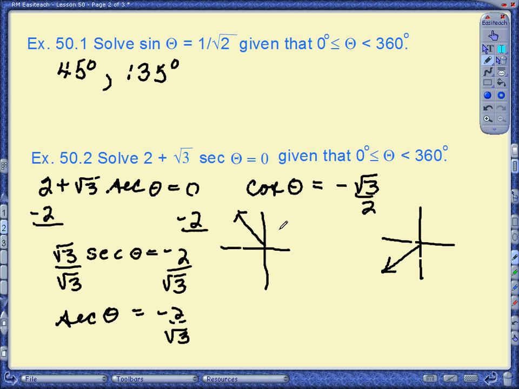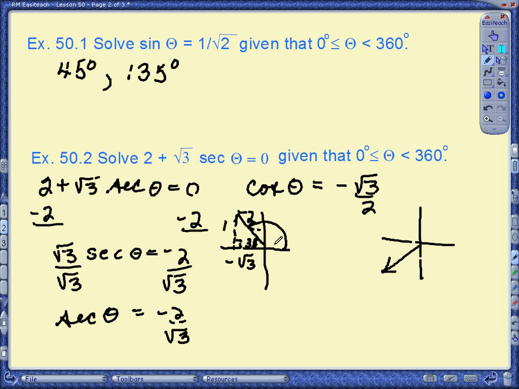So 2 and 3. Our angle's rotated like that, and we make our triangle here. The negative root 3 is the adjacent side, the 2 is the hypotenuse, and this is a 30, 60, 90-degree right triangle. Opposite the 30 degrees is always the side that's 1.